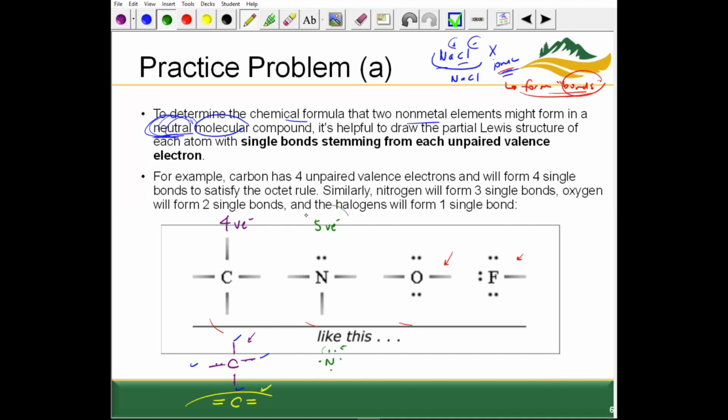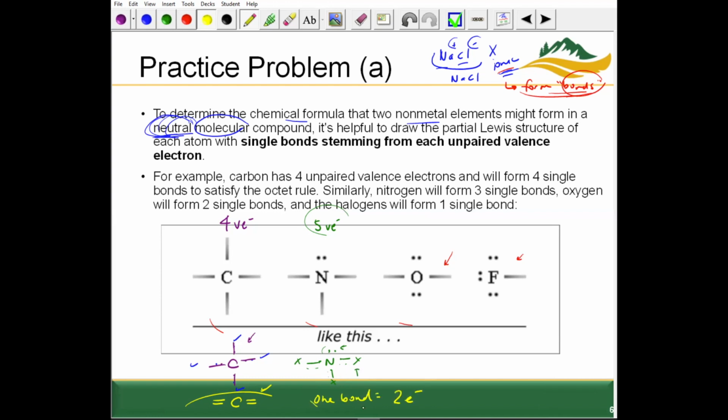So because of nitrogen's 5 valence electrons, a lone pair here, and then probably 3 bonds from nitrogen. Is that going to fill a happy octet if it forms 3 bonds with 3 other atoms? Well, 1, 2, 3, 4, 5, 6, 7, 8 valence electrons would surround nitrogen with 3 bonds like this. So yes, this would be a happy octet for nitrogen.